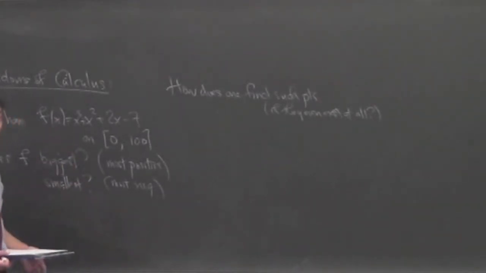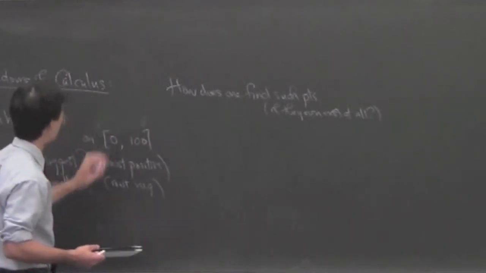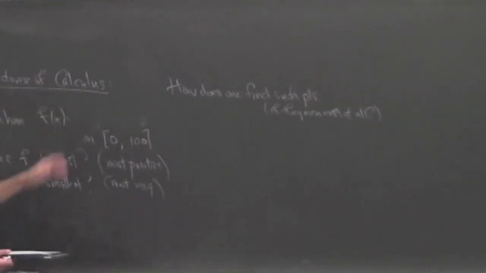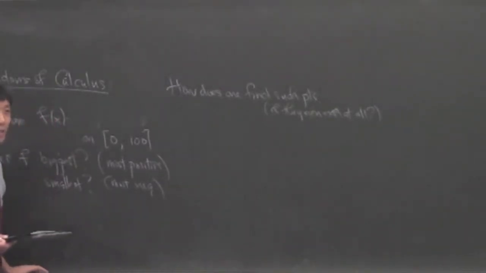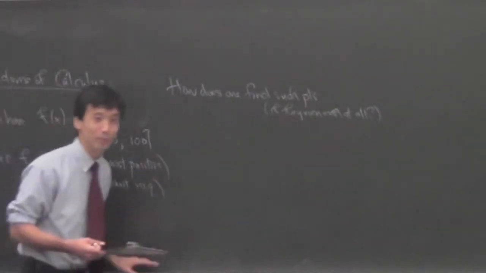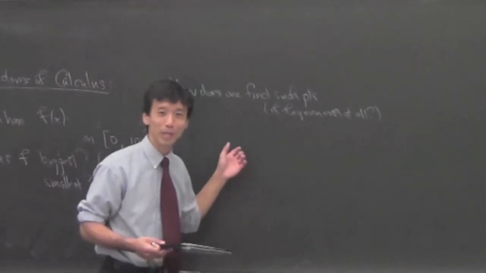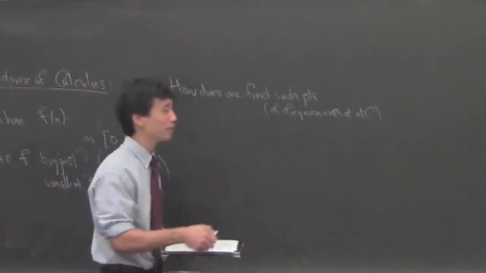Not necessarily, we're going to have a whole range of functions. This could be anything. You have some function. How do you find where its biggest and smallest points are? I don't want to waste too much time on this. The answer is that at this point we can't.